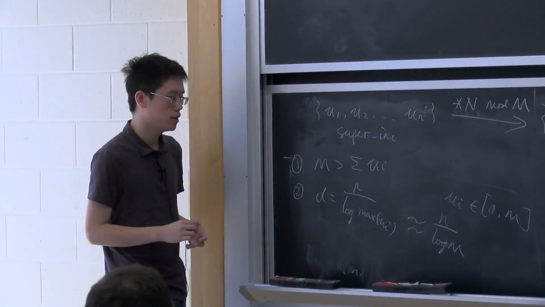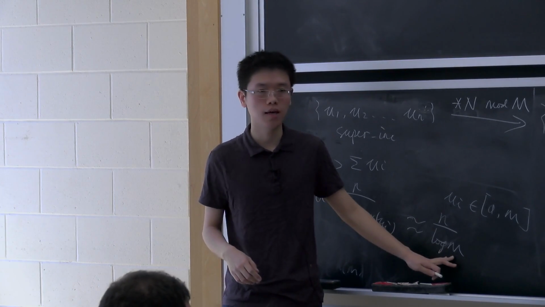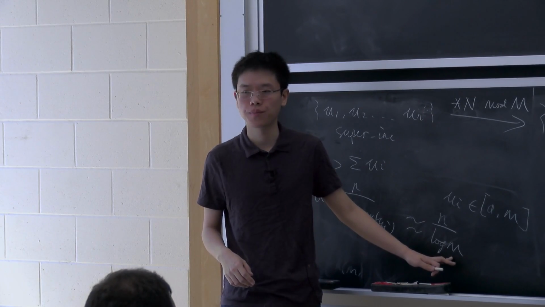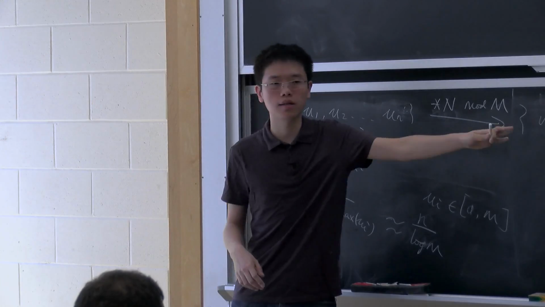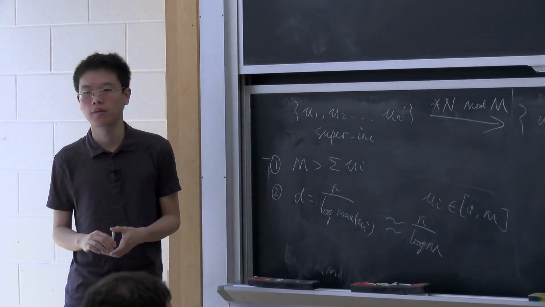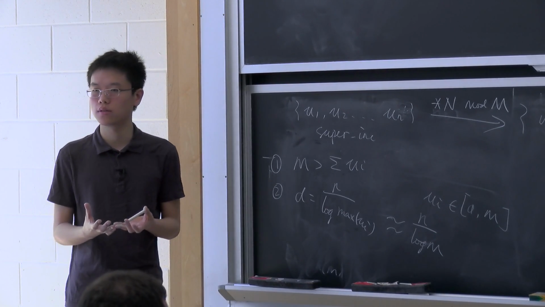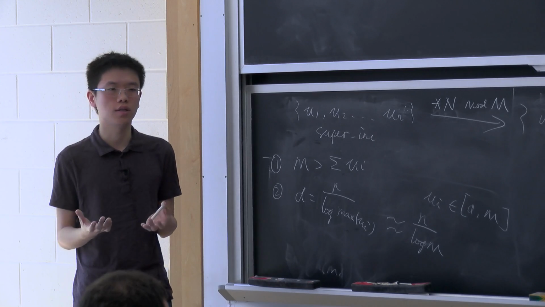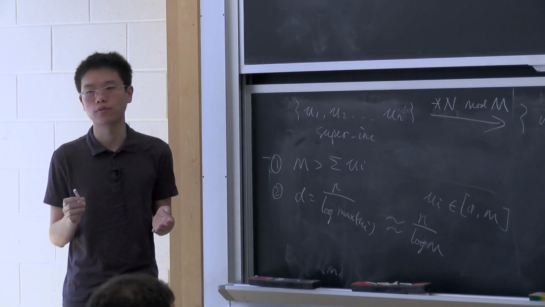So then we have a dilemma. If we set m to be a small number, then my density is fine, but that means all of my ui's need to be small, because m needs to be greater than the sum of them. If all the ui's are small, then I have very limited choices, and an attacker can just guess what ui I chose by a brute force algorithm.